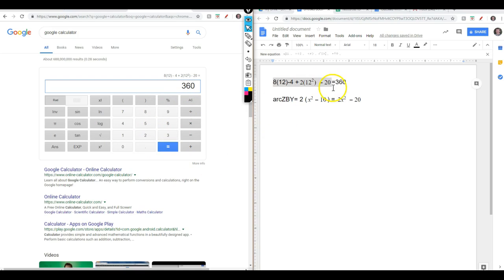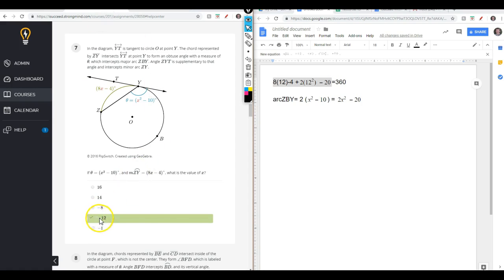It comes out to be 360, so it does equal 360 degrees, so that is the option that we would select as 12.